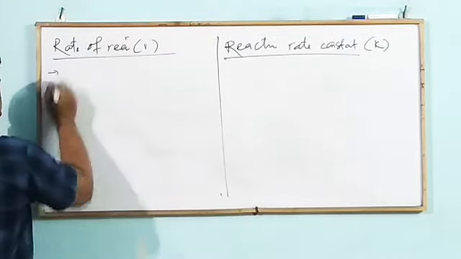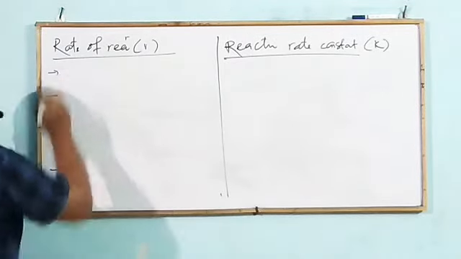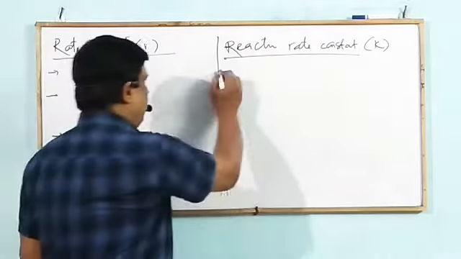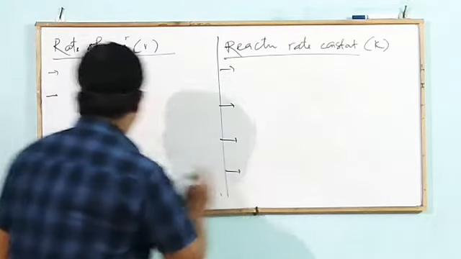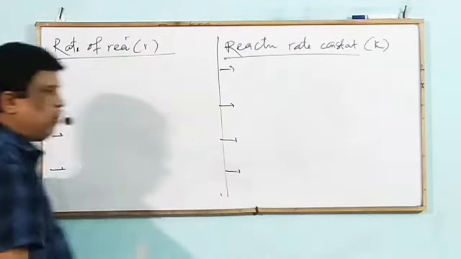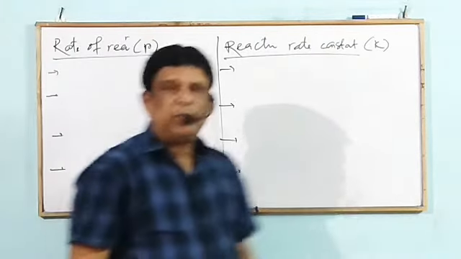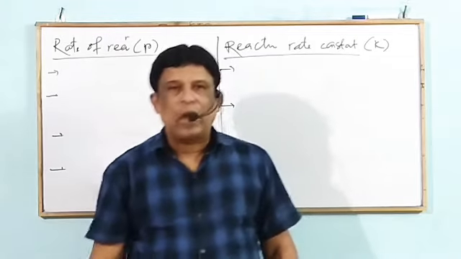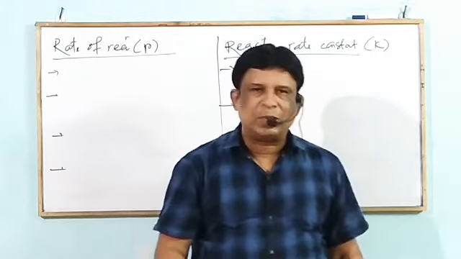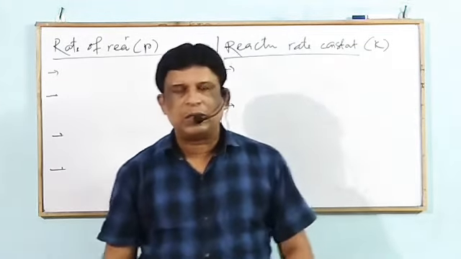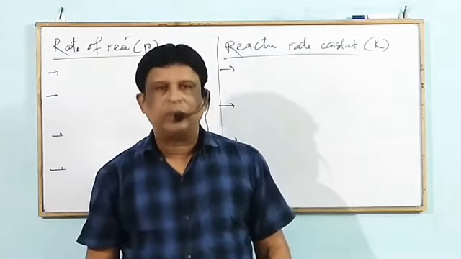While defining the distinction, we discuss first the definition. What is the definition of rate of reaction? That is R. Rate of reaction is defined as the change in molar concentration of reactant species or product species with respect to time.